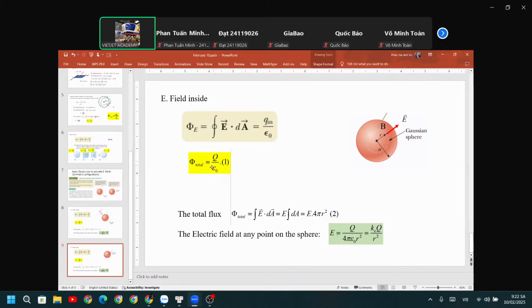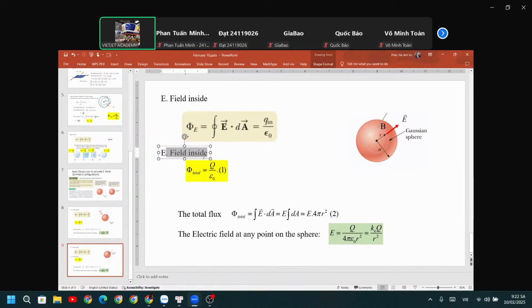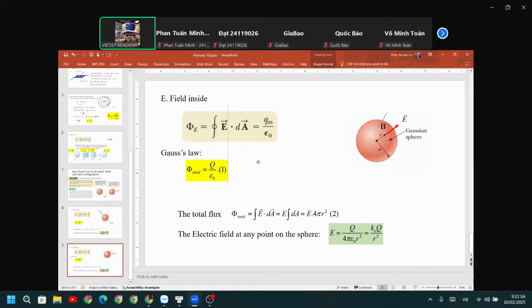Okay, so now I apply the Gauss law. The Gauss law says that... right. But now what is Q? Q in, right? This is not Q anymore.